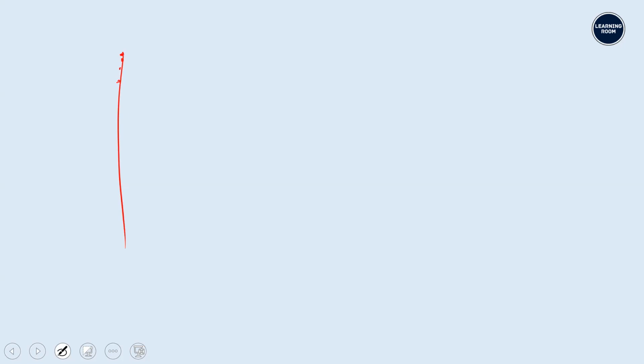These multiple point sources are going to release multiple waves like this. To all these multiple waves, if I find the corresponding crests, I'm explaining with the help of crests, but it is not necessary. You can choose any other point also.